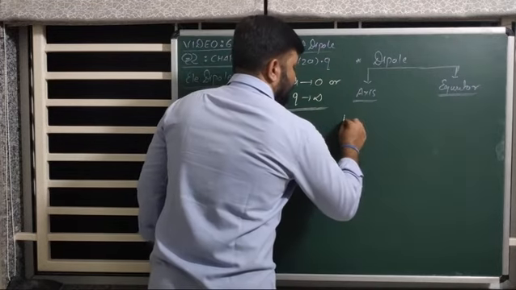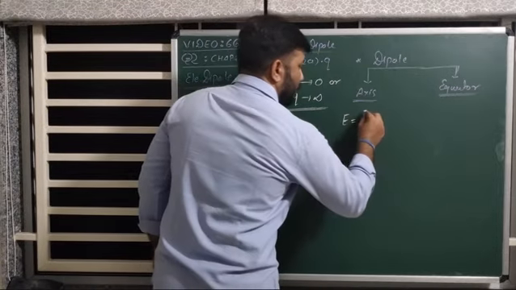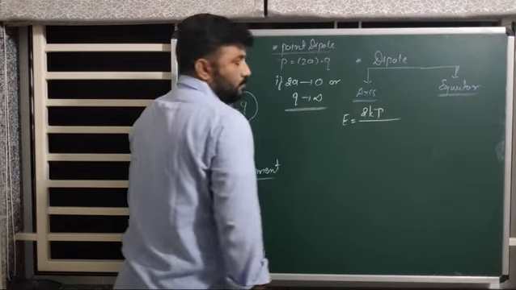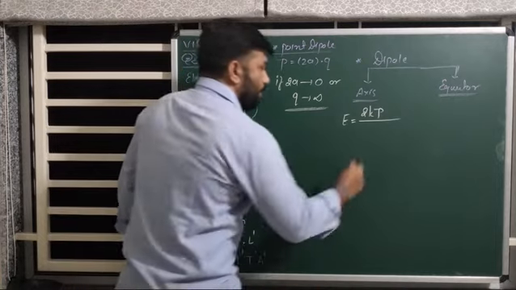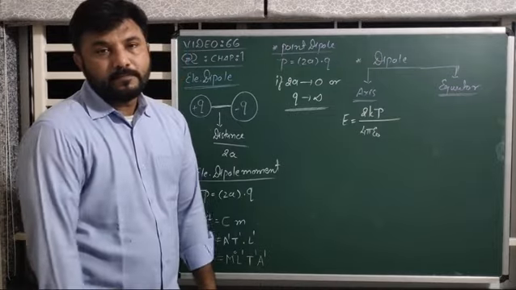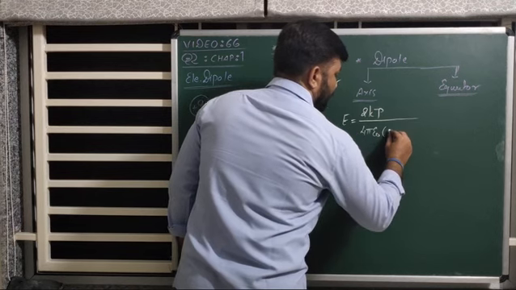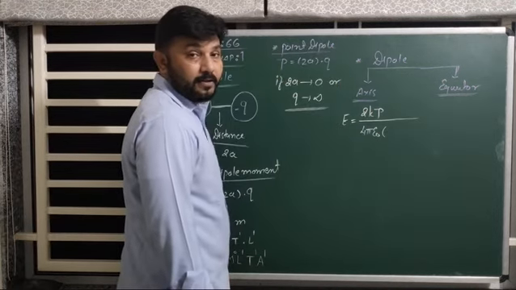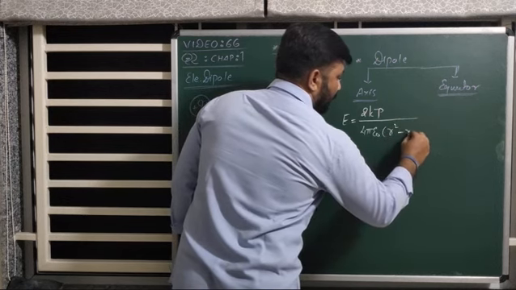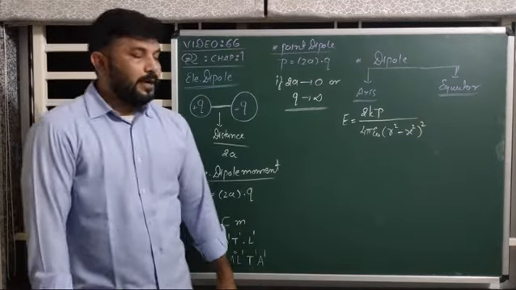E is equal to 2Kp upon 4 pi epsilon 0, then in bracket, it was nothing but r square minus x square whole square. Clear?